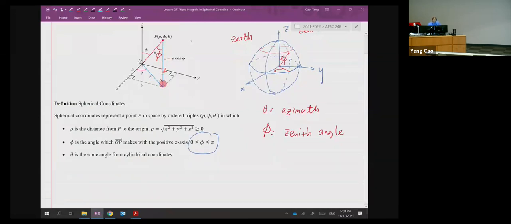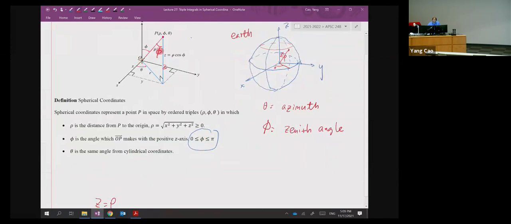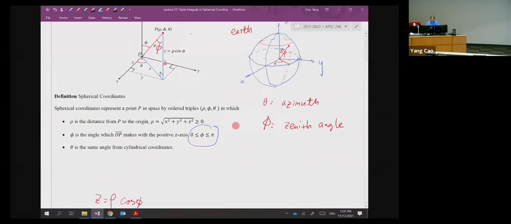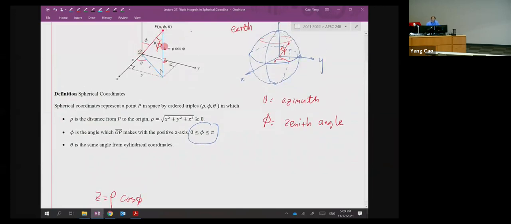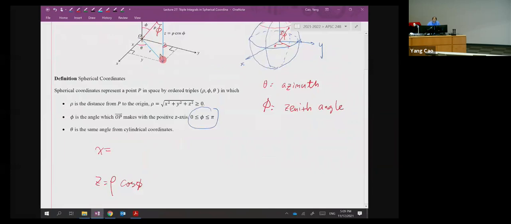If this is Z here, technically you can see Z equals rho times cosine phi, from this triangle here. And x is over here, y is over here. As you can see, your x equals this r times cosine theta.